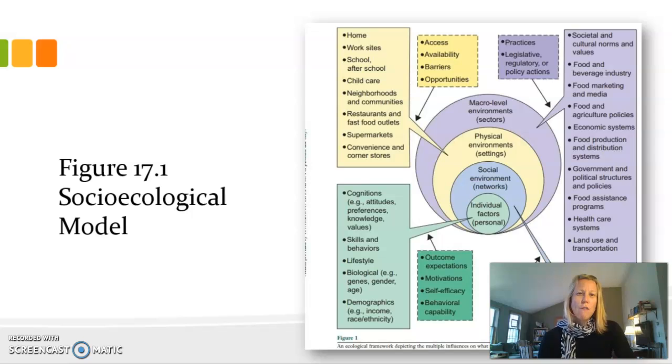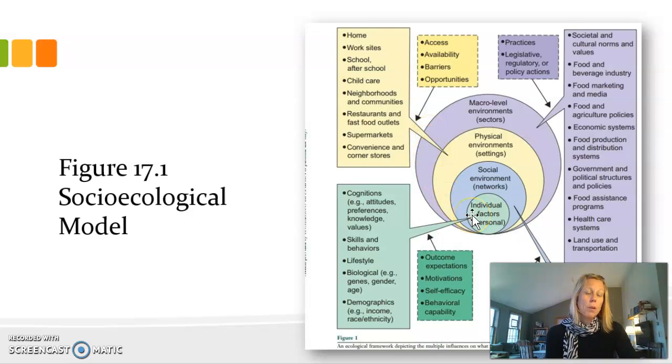So to start things off, I wanted to show this figure from the book. This is from the Neff text on page 427, and it's the socio-ecological model. It visually shows all of the different levels of the framework to depict why we eat and how we eat.